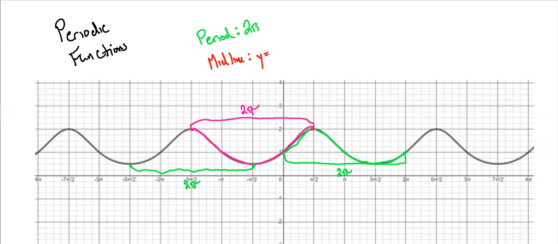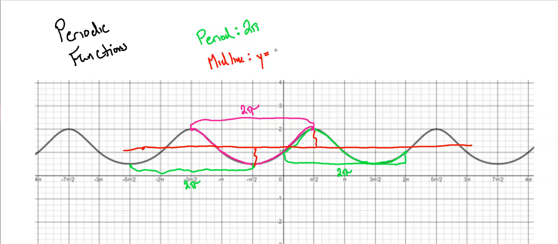It might be a little difficult to see, but it's actually going to be this line right here. If you notice, if I draw this line right here along here, this actually splits these parts directly in half, okay? And that's what we call the midline, okay?